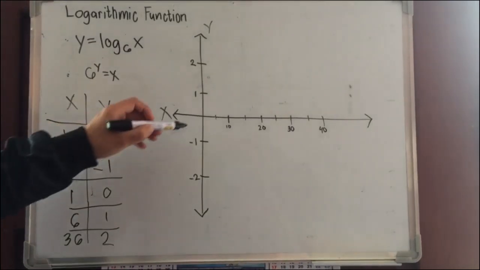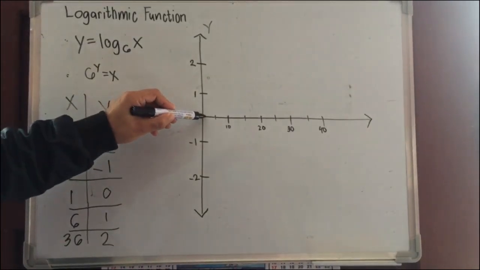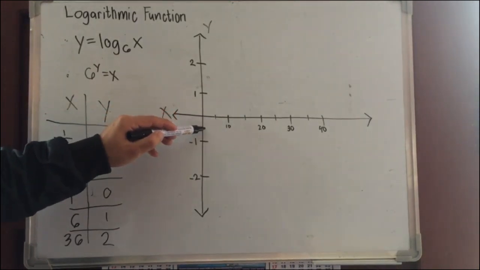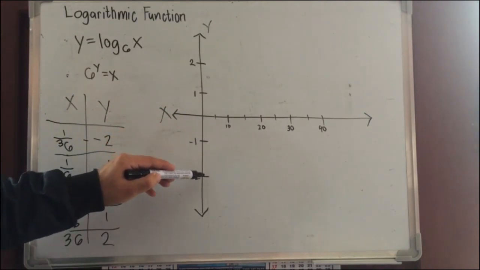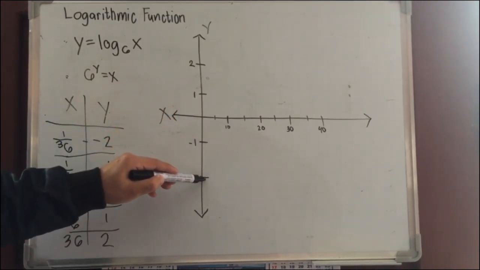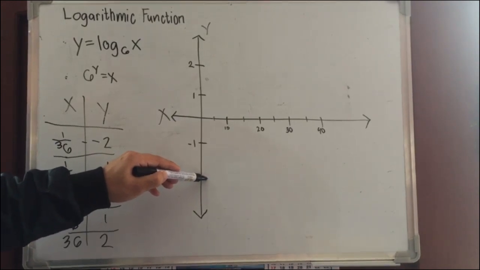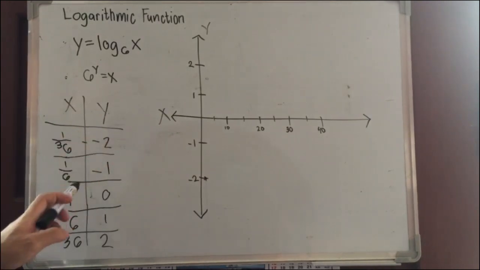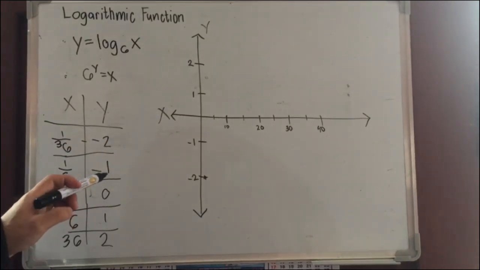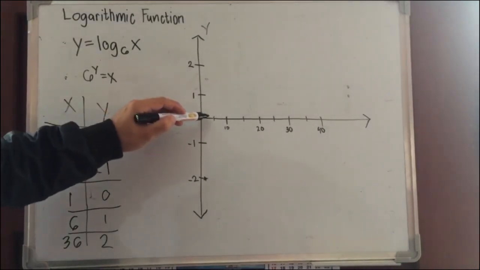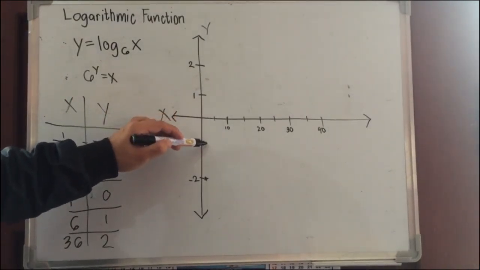So 1 over 36 would be in this section. So negative 2 and 0.02, this one here. And then negative 1 and 1/6. Negative 1 and 1/6 will be here in this section.